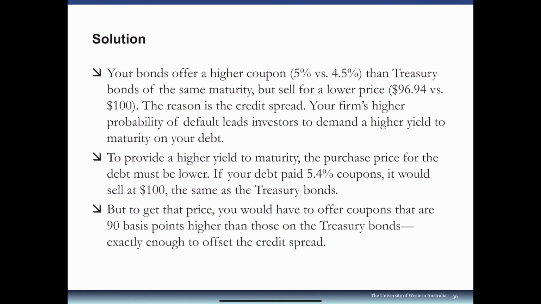All right, comparing to the treasury bond currently issuing at par, that means the treasury bond has a price of 100. So even though your bond offers a higher coupon than the treasury bond, because you have a higher yield to maturity, given there's a default risk, you are selling at a lower price, right?